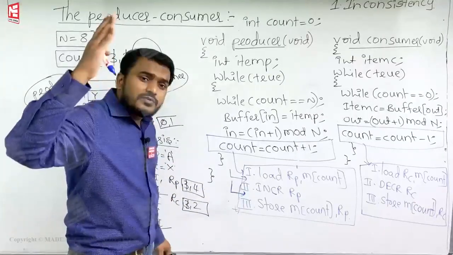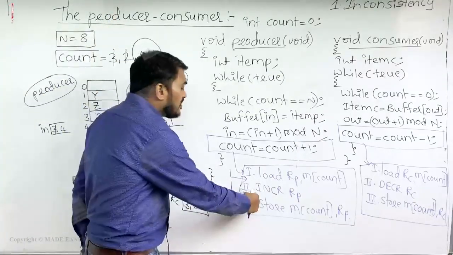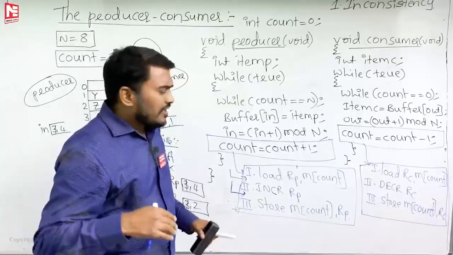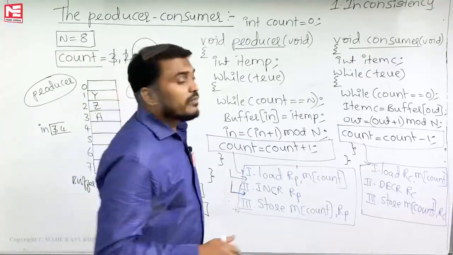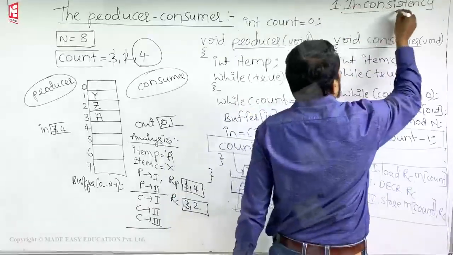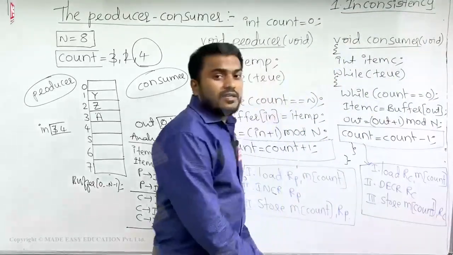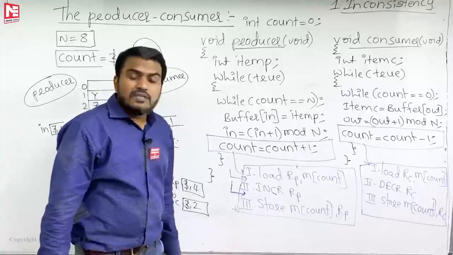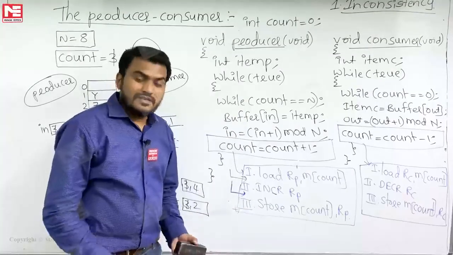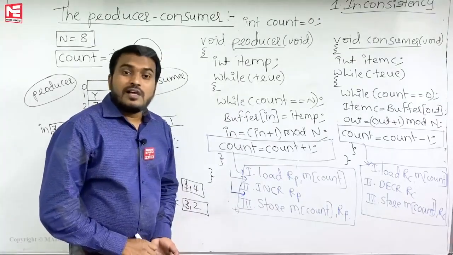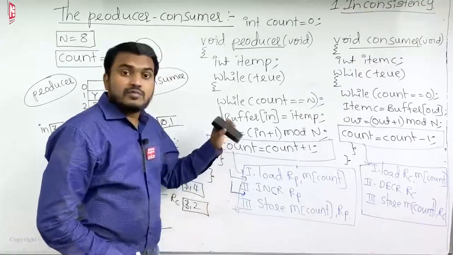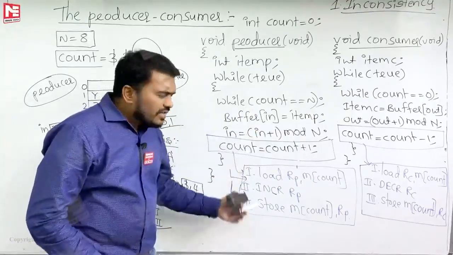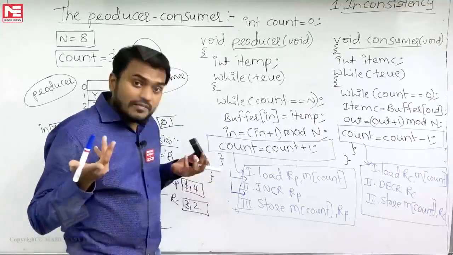Remember, if the preemption comes after the second instruction, then there is a problem of what? Inconsistency. Definitely there is a problem of inconsistency. I think all the points are clear. If preemption happens here, there will be a problem; if preemption does not happen, no problem, the solution works fine.